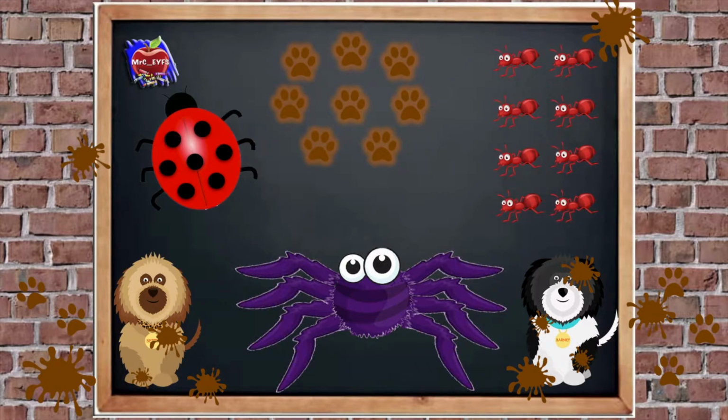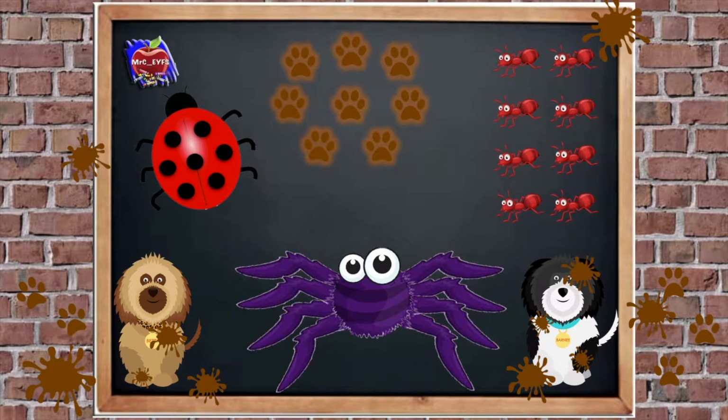Right, we've got 4 groups of pictures here. There's a ladybird, there's muddy footprints, there are some ants, and there's a spider. Right, I've got a question now. Which group is the odd one out? And when we say the odd one out, that means that there's one that is different to all of the others.